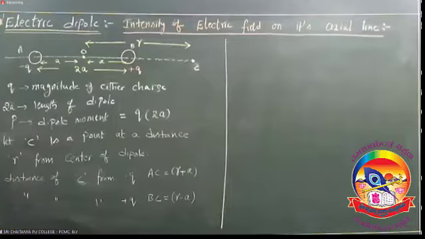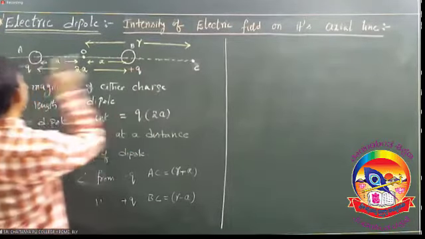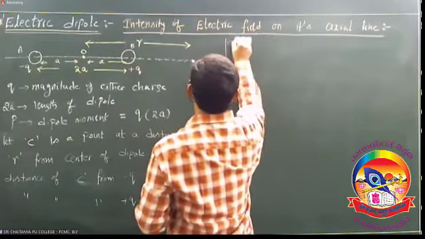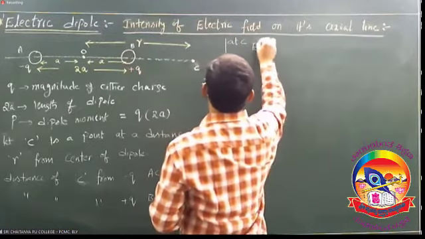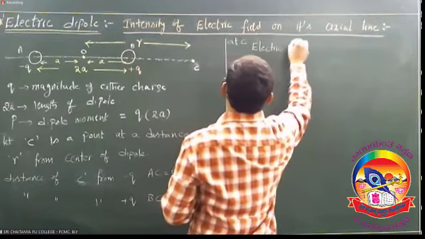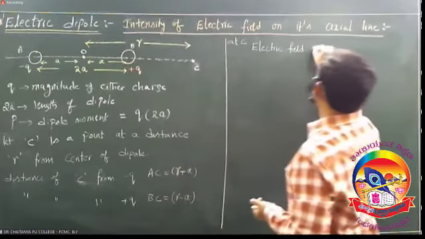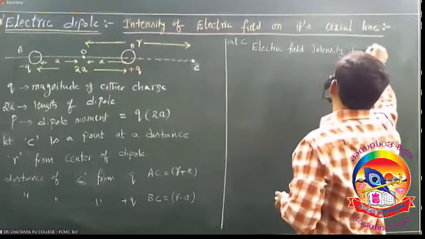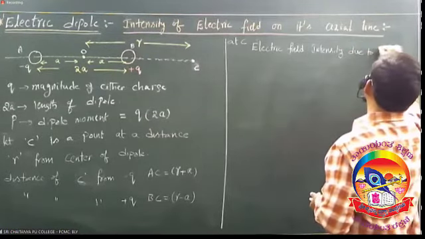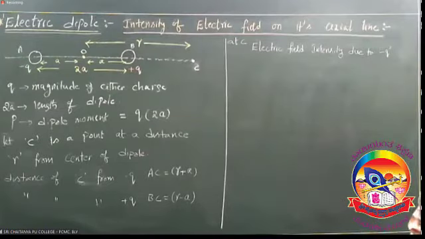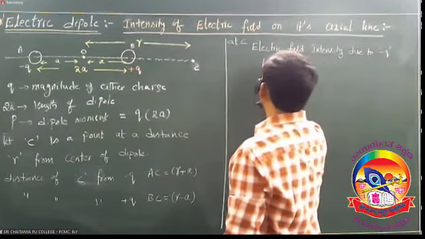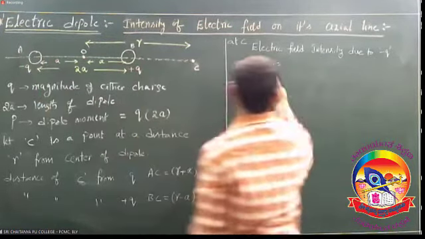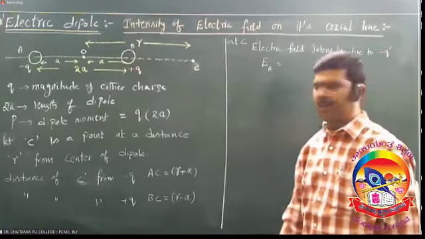Now, what is the electric field at C due to minus Q? At C, the electric field intensity due to the minus Q charge. What is the formula? I call it EA, because I took this point as A. You can take EA or E minus, whatever it may be.